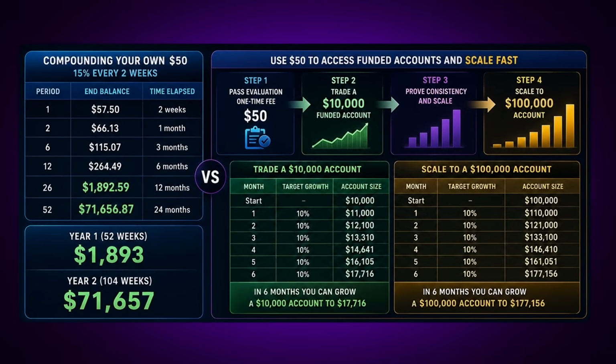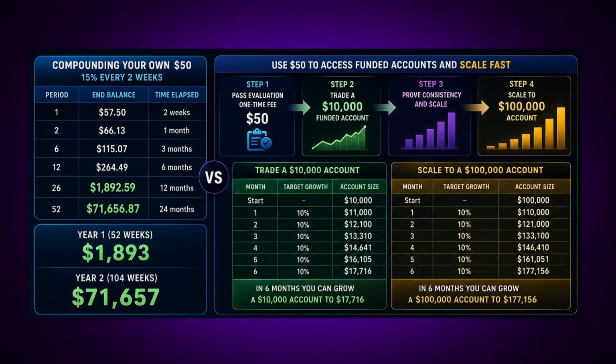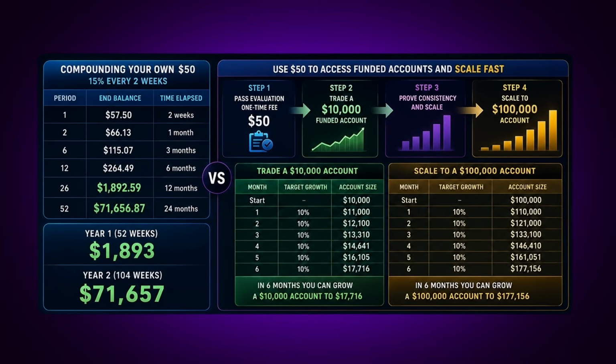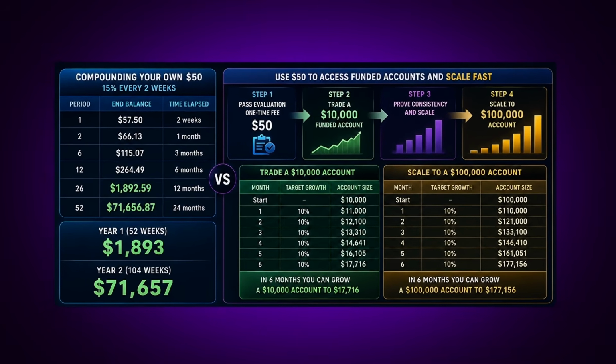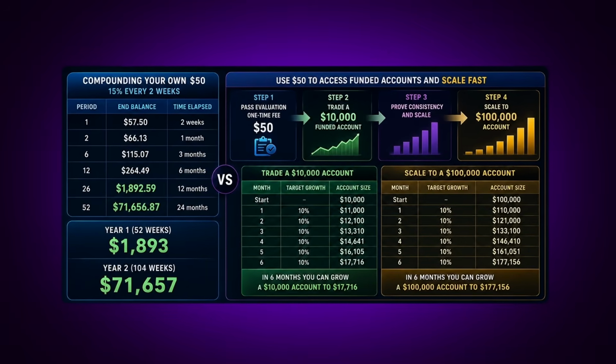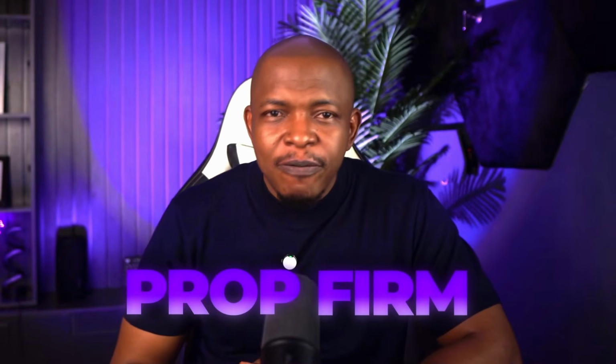But if you can do it, you don't need to do compounding on your $50 at all. There's a way to take that same $50 and be trading a $10,000 account almost immediately, and you can now scale it to a $100,000 account with money that is not even yours. That is prop firm.